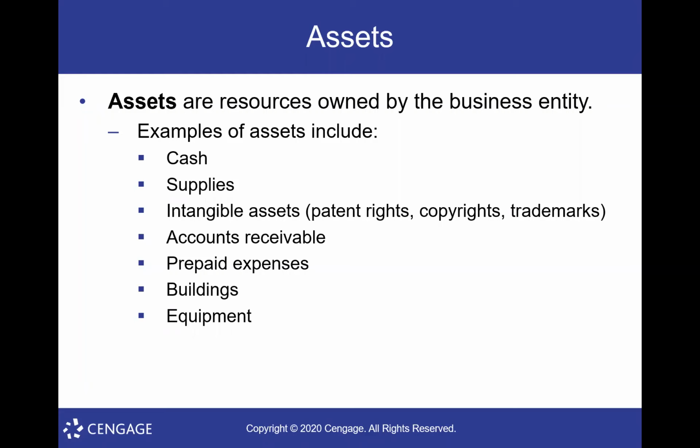So this would be like when I pay for something in advance. Let's say I pay my landlord for 6 months rent. How do I record that? My cash would have gone down by a full 6 months worth of rent, but the value I'm going to get from that rent is stretched out over the next 6 months.